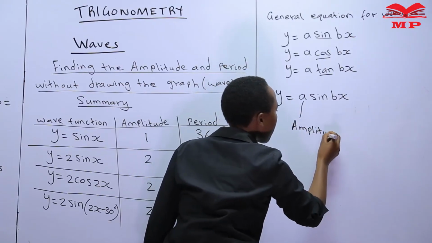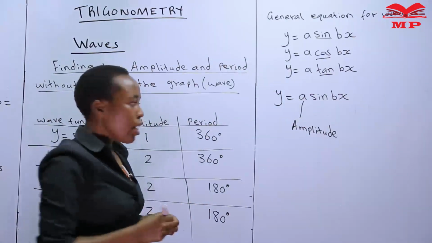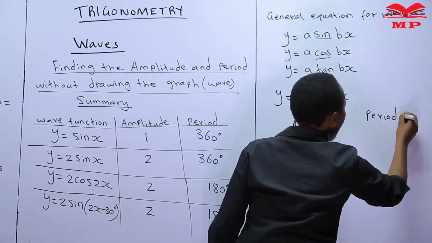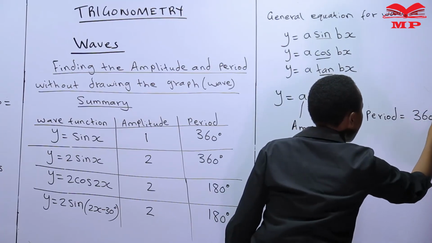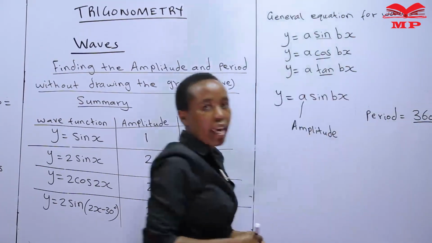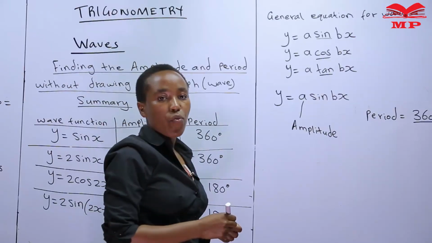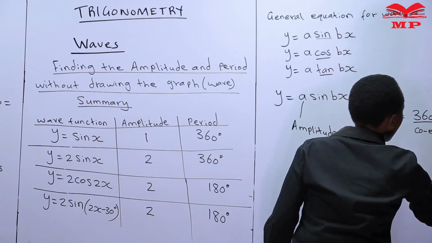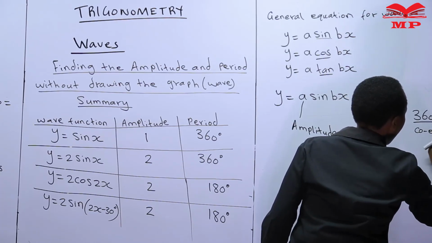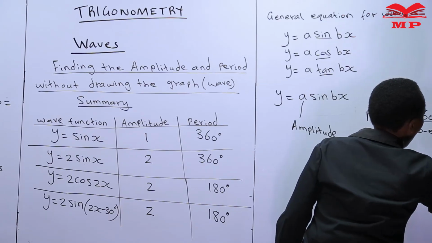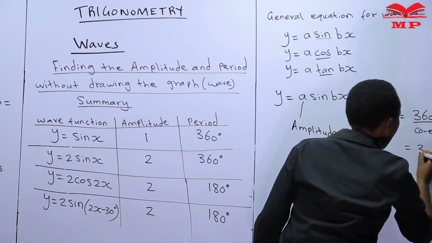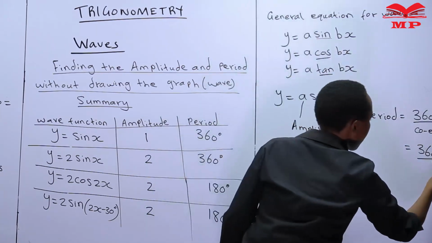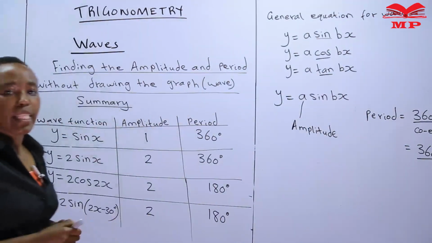Then when we want to get the period, we simply take 360 degrees and divide by the coefficient of x. In our case, the coefficient of x is b, and this will give us the period.